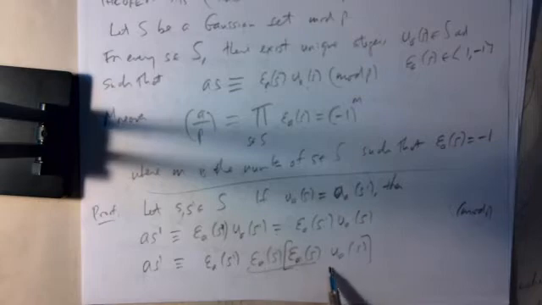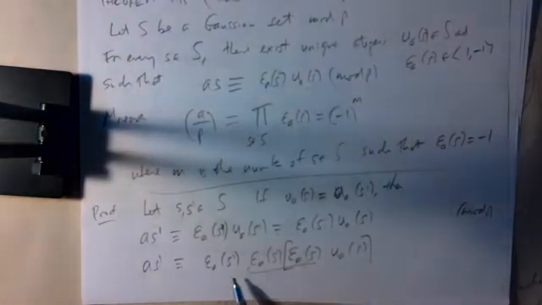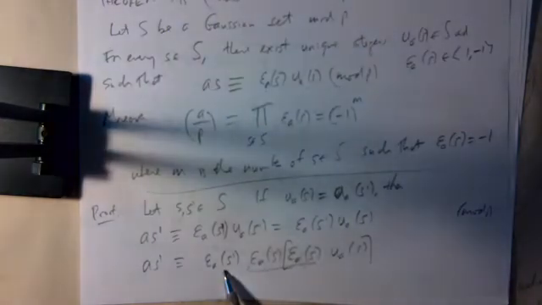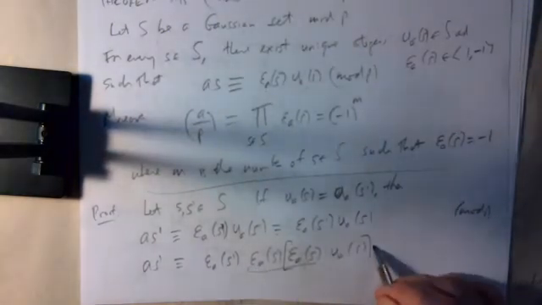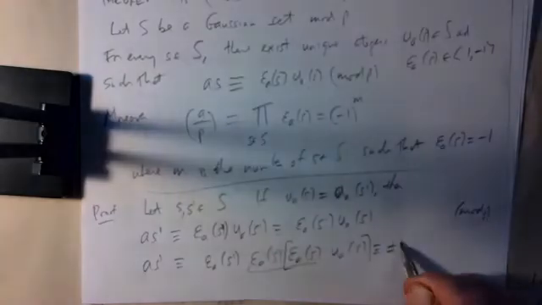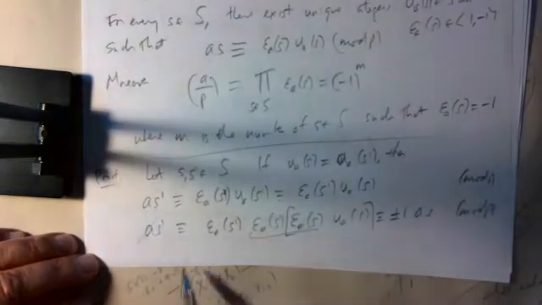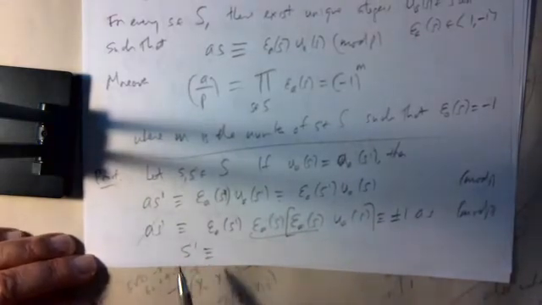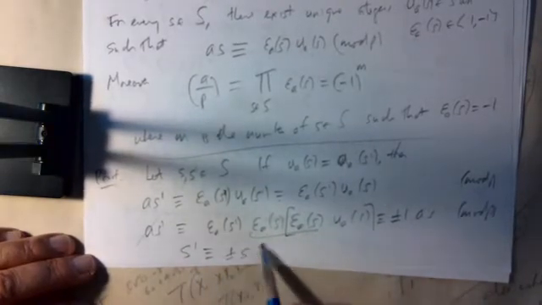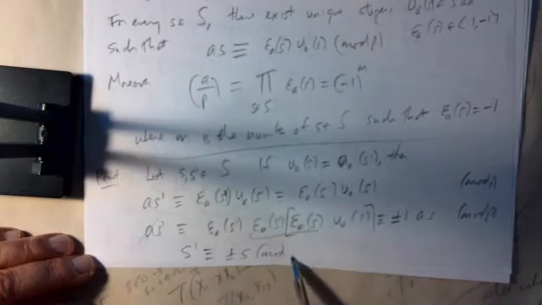And this is as, so this is plus or minus 1 times as mod p. And a and p are relatively prime, so I can divide by the a's. I get s prime is congruent to plus or minus s mod p.